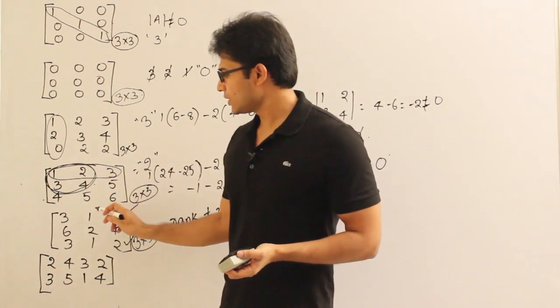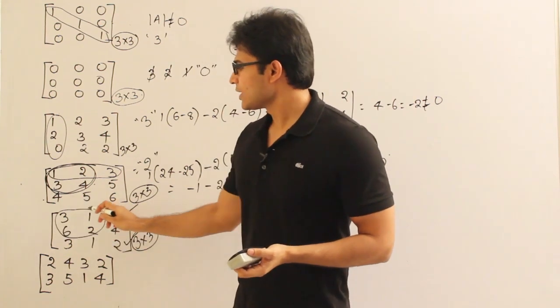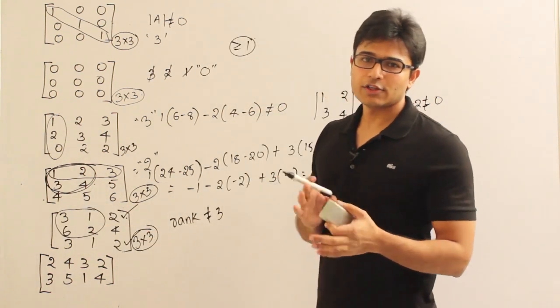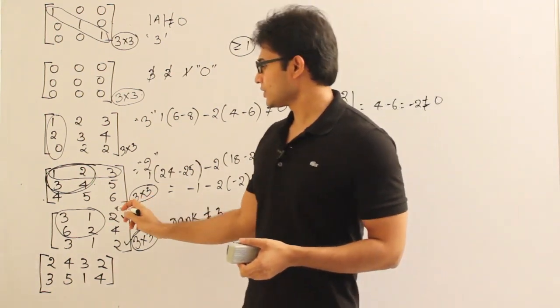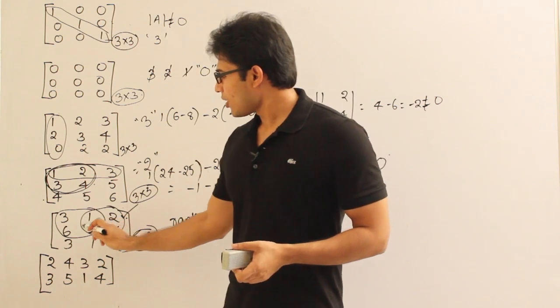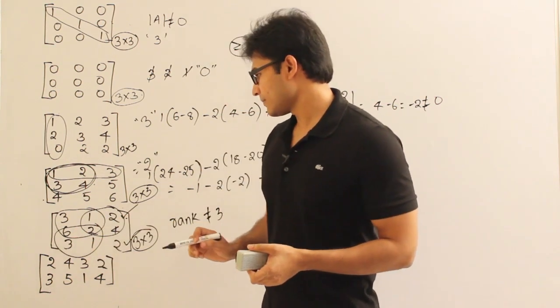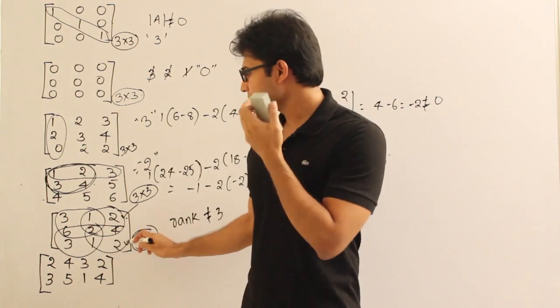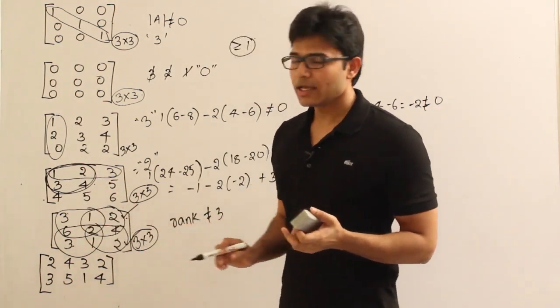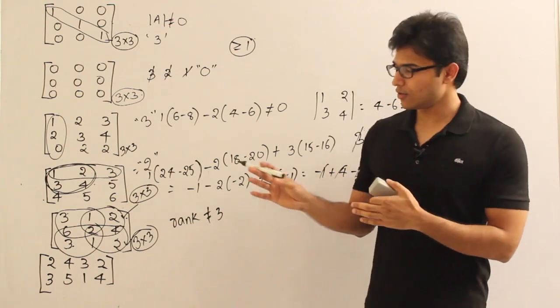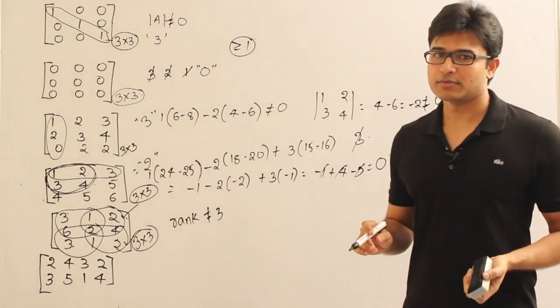Now we can check this. We can take any 2 by 2 submatrix. Everything will cancel out, and the determinant becomes 0. Either you take this one, or this, or this, or you take these 4, any possibility you take, you are always going to end up with a 0 determinant.